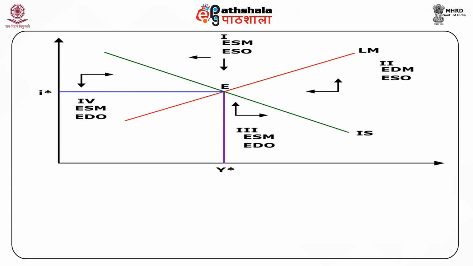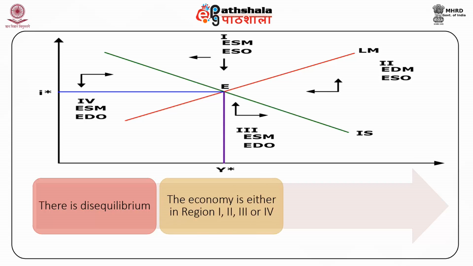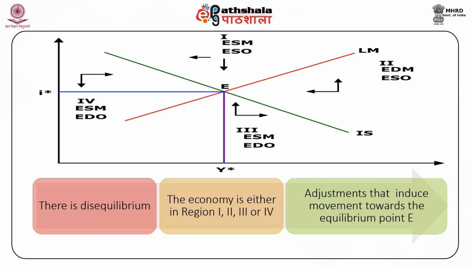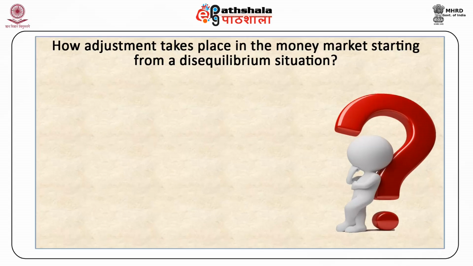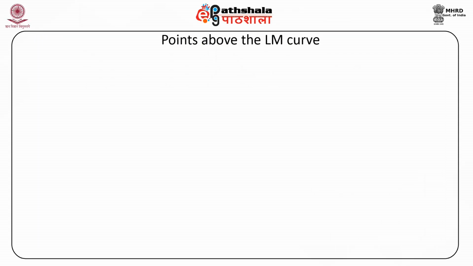We will now see in case there is disequilibrium and the economy is either in region 1, 2, 3 or 4, there will be adjustments that would induce movement towards the equilibrium point E. Let us now see how adjustment takes place in the money market starting from a disequilibrium situation.